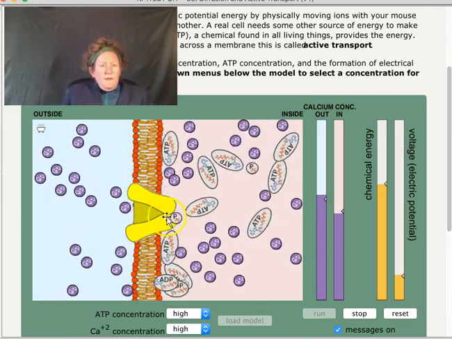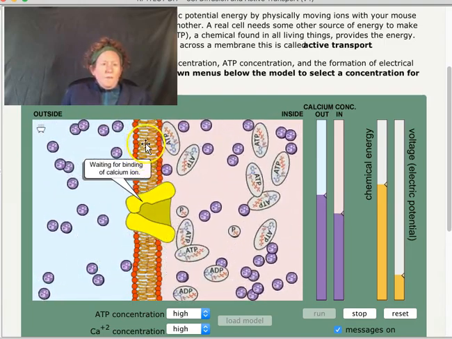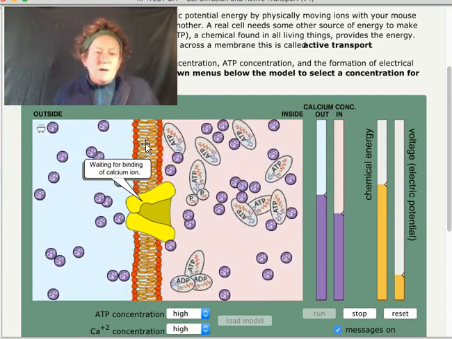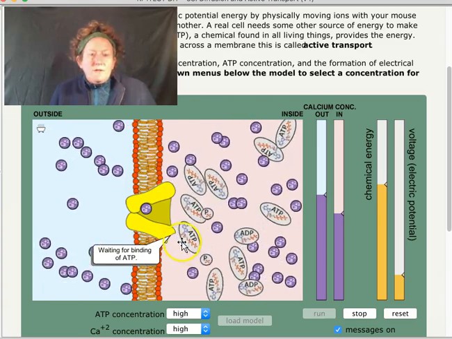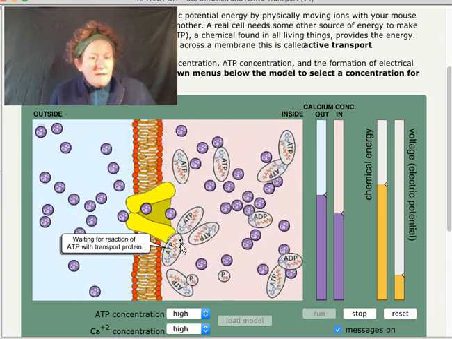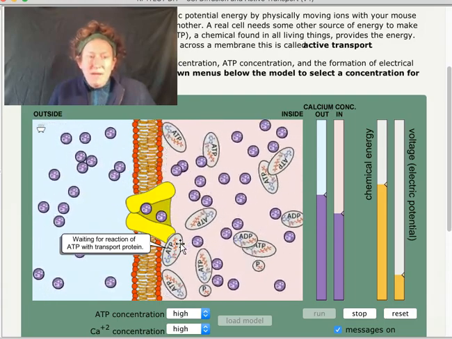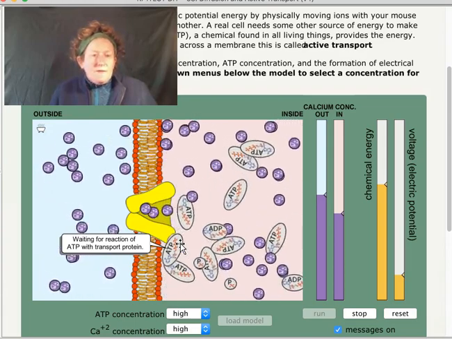So you see that if calcium wants to go across, calcium's charged, it can't diffuse through the membrane on its own. It needs to use some energy from the cell. It needs to use ATP. That ATP binds, it turns into ADP, and then the calcium can go across.